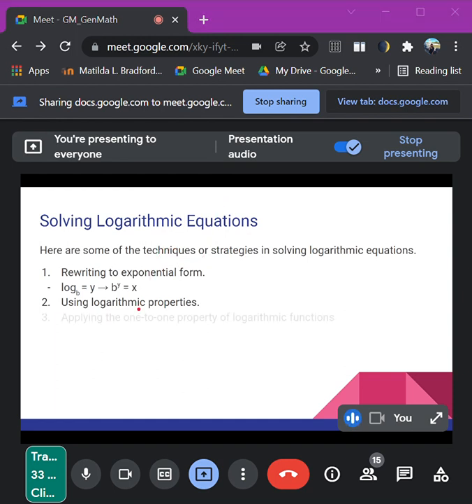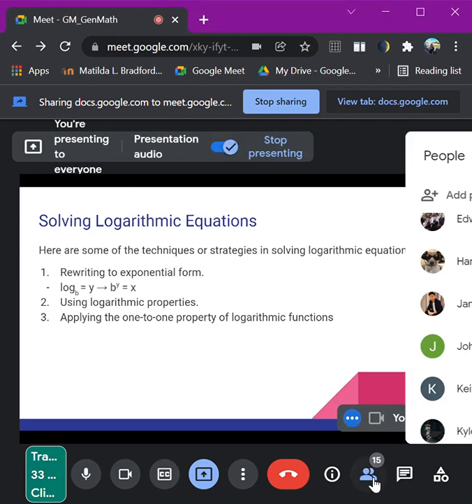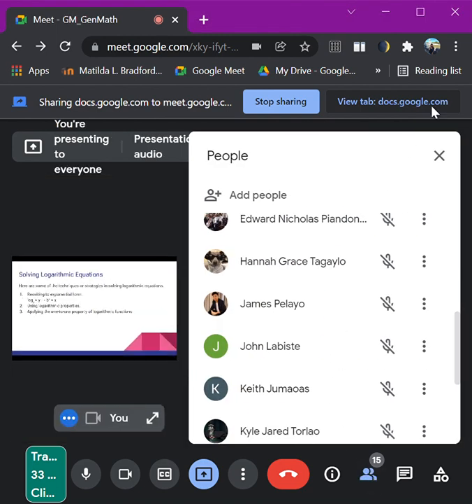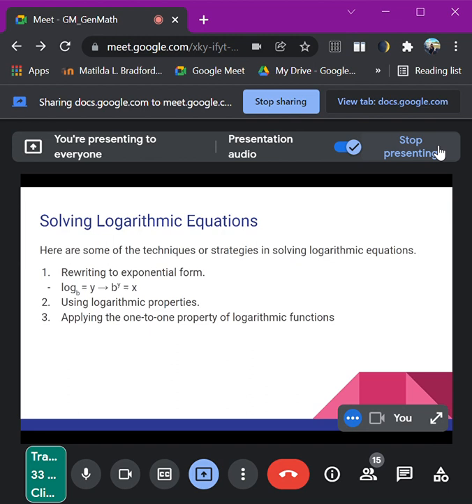Now, for number 3, please read. Applying the one-to-one property of logarithmic functions. Okay, so when we say one-to-one property, class, for example, you have log of x with base b is equal to log of y with base b.